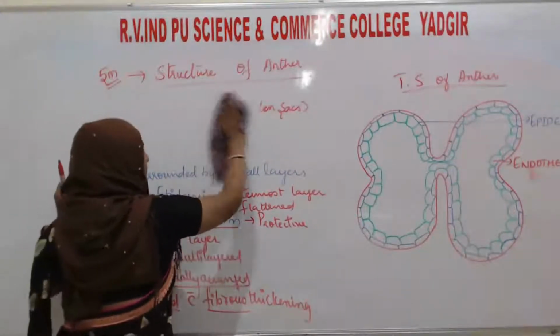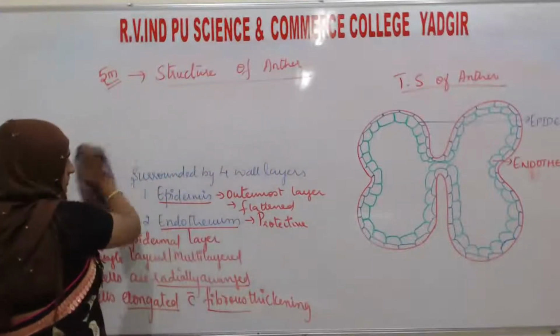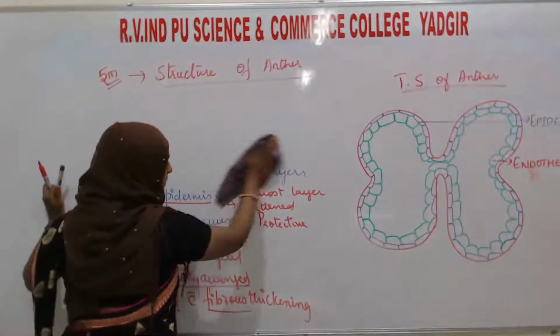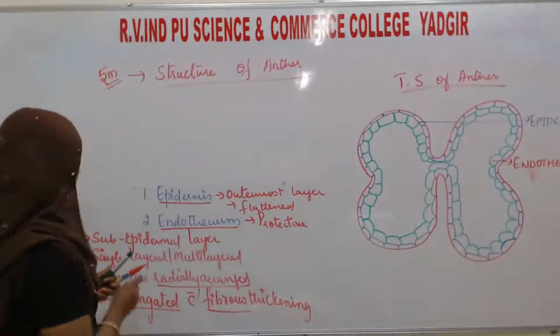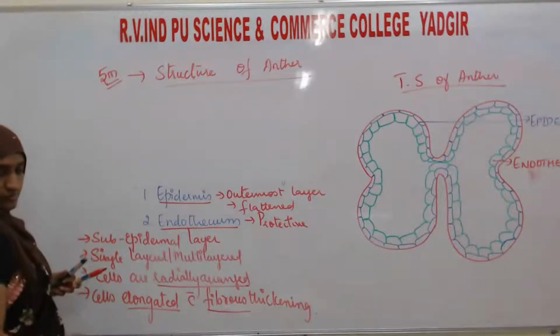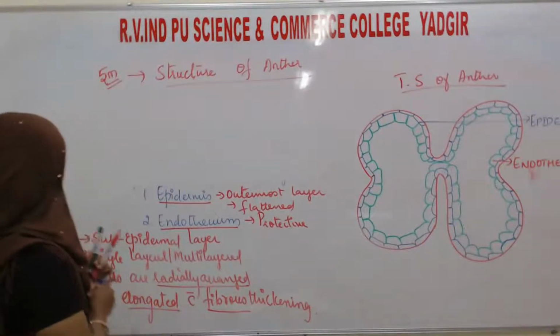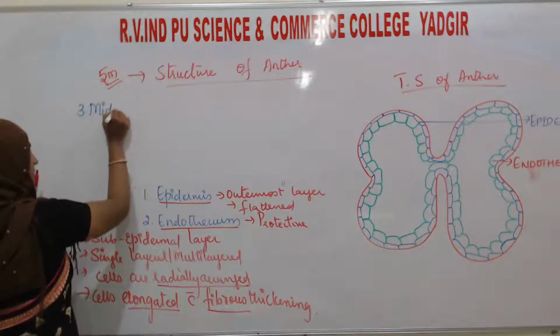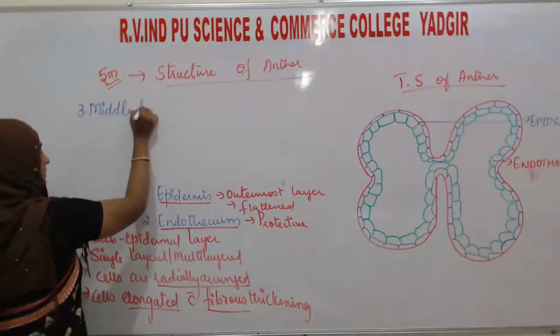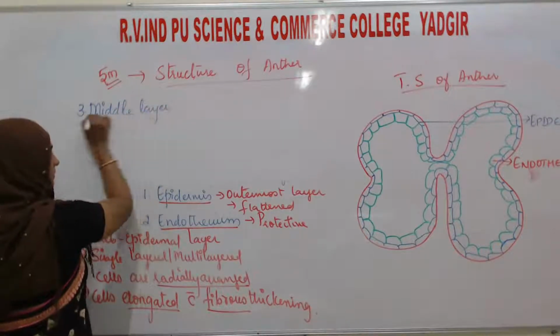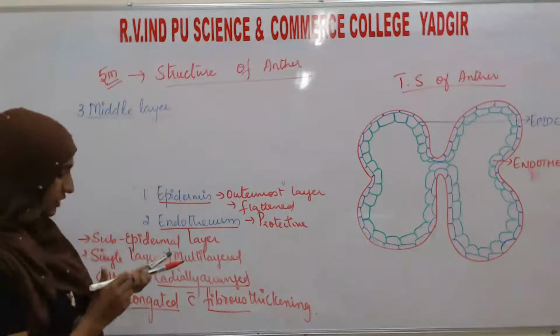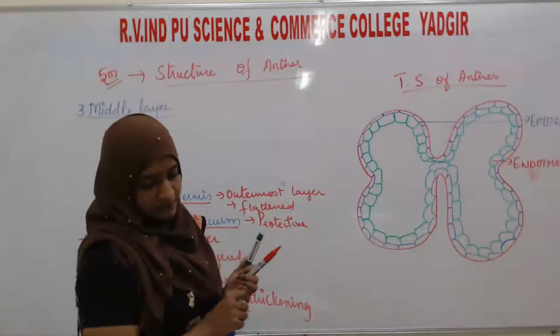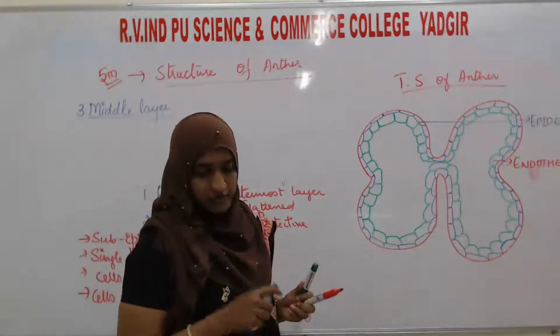Here I will write the third wall layer. Third one, middle layer. The middle layer is made up of 1 to 3 layers.